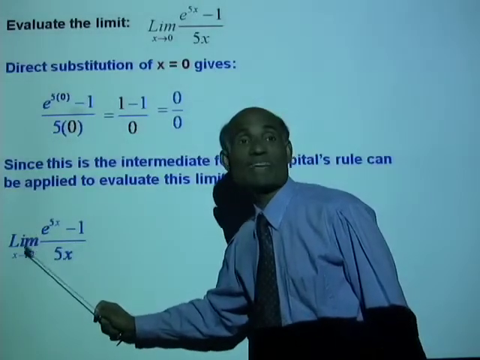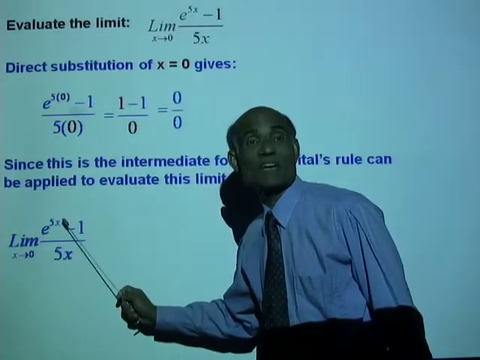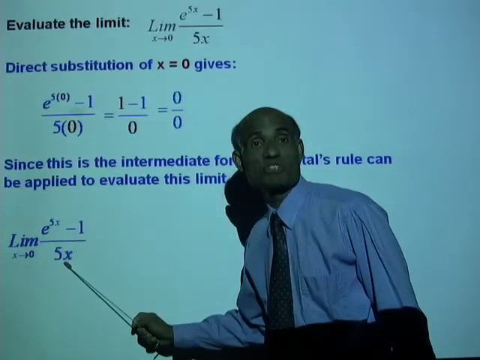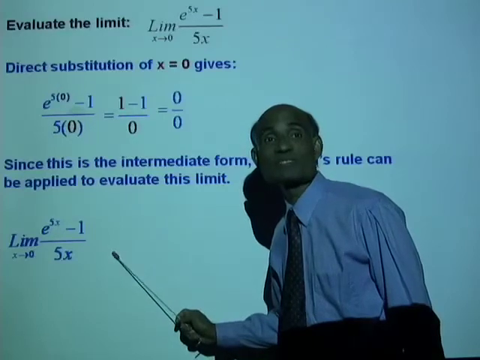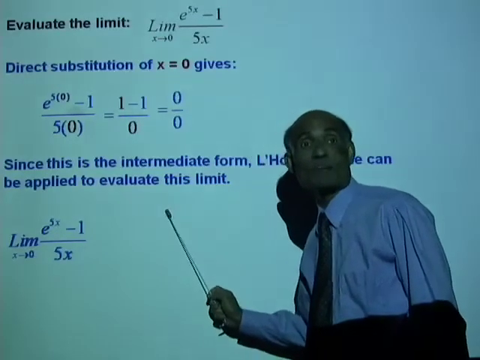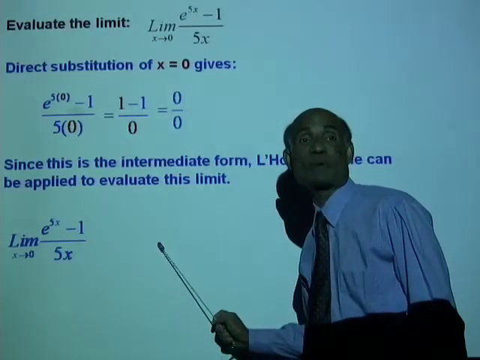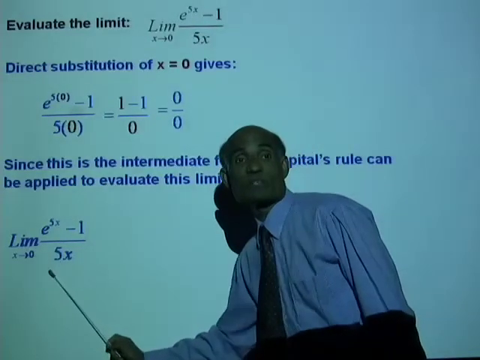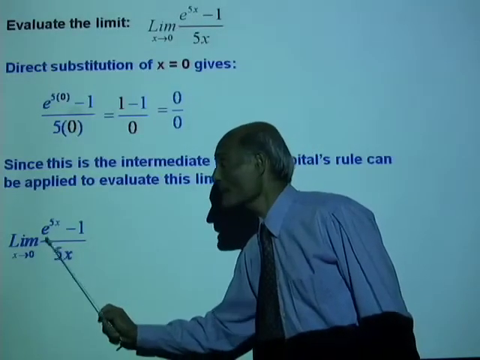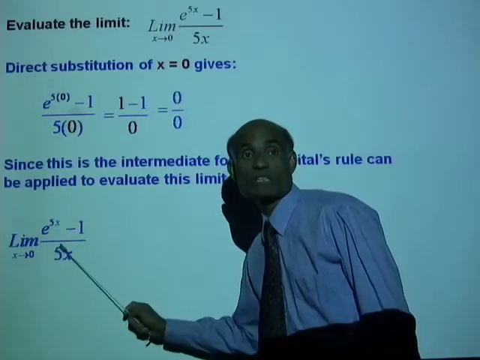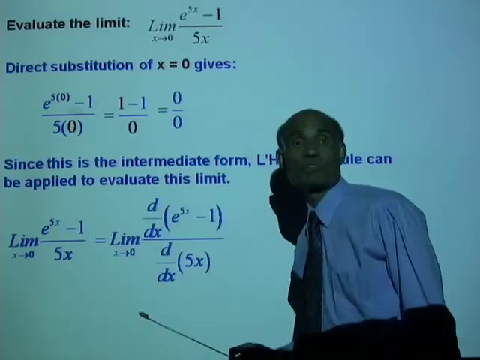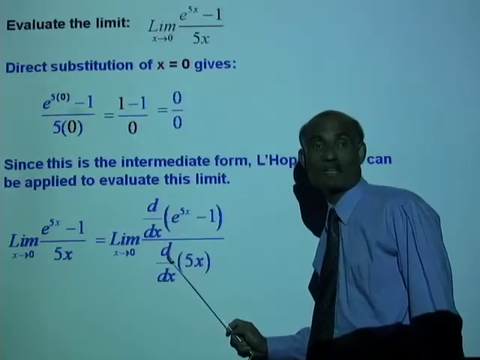The limit as x approaches c of f of x divided by g of x is the same as the limit as x approaches c of f prime x divided by g prime x. So this limit is the same as the limit as x approaches 0 of the derivative of the numerator divided by the derivative of the denominator.